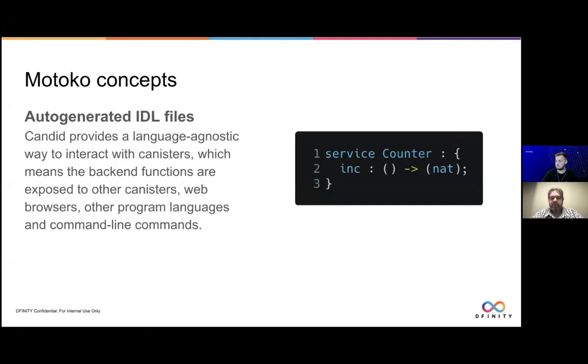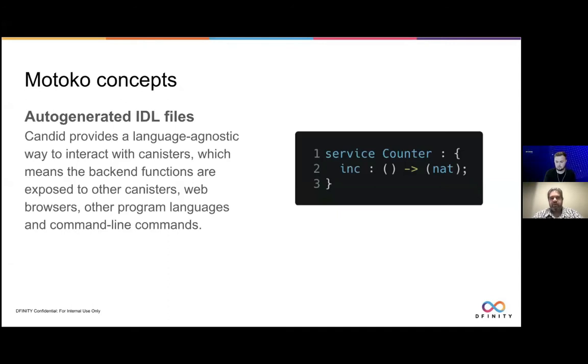In this example, we have the same increment function, and we can see here it doesn't take any arguments, but it returns a number. So everything on the backend side is exposed through the Candid interface. And when you're using Motoko, the Candid interface is automatically generated for you.